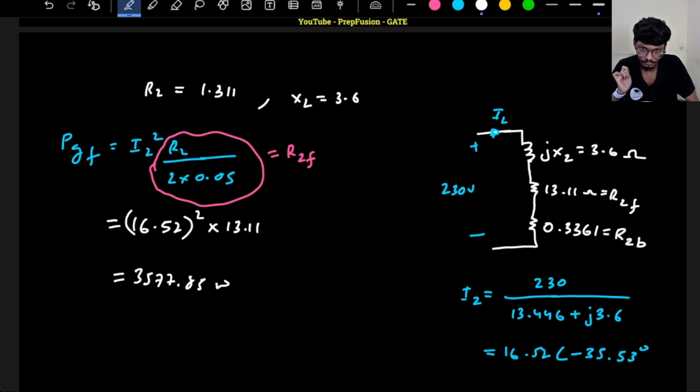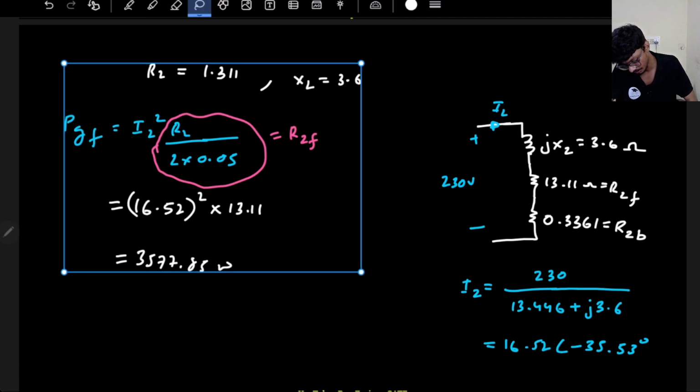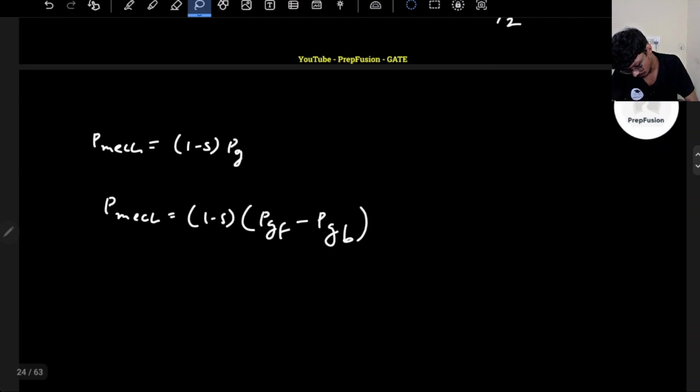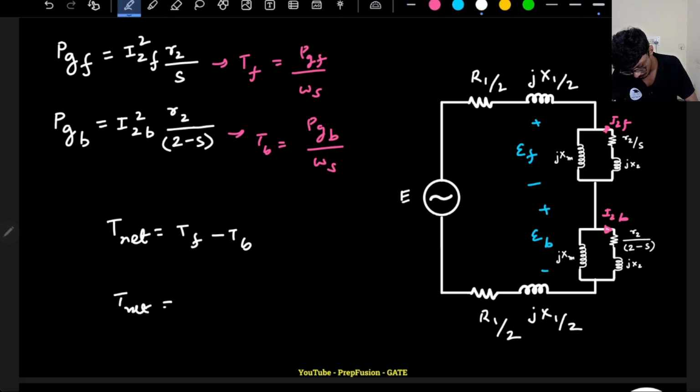Okay, so from here can I find out the forward torque? For that, first of all, I need to find out the mechanical power output. From there only we will be able to find it out. Actually here the net torque is this, but what is net torque equal to? Net torque I can write will be equal to P mech net upon omega r, at whatever speed it is rotating.